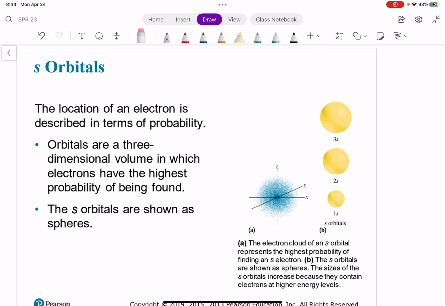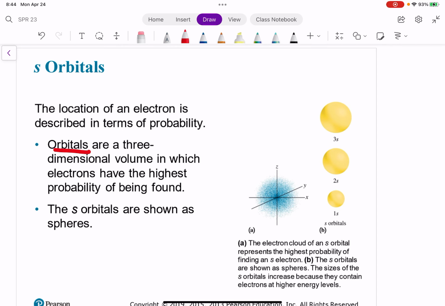So we can describe the location of those electrons within an atom in terms of probability. At any given moment, it's likely that we're going to find an electron somewhere in this region. We call that region an orbital. Orbitals are a three-dimensional volume in which electrons have the highest probability of being found.